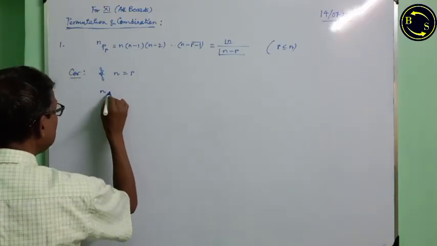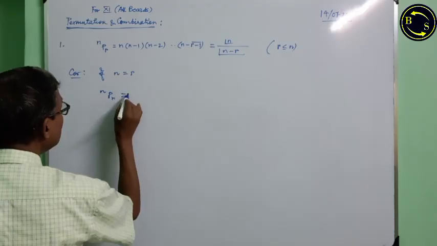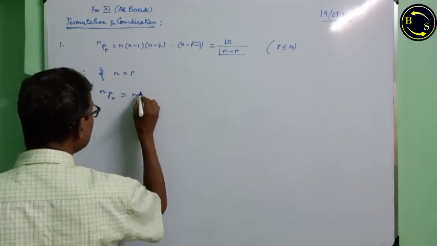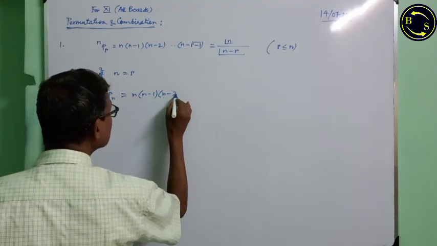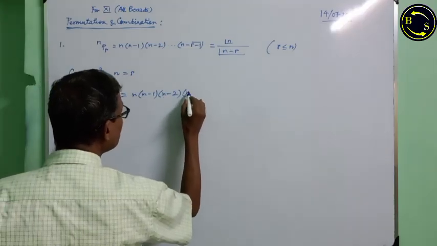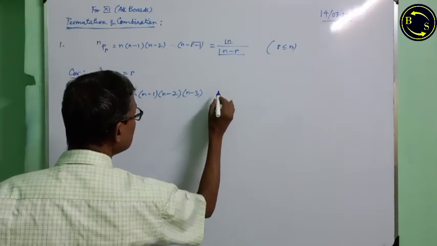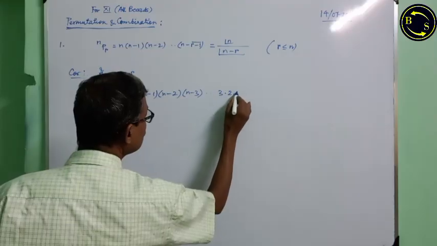First of all, nPn will be equal to n into n minus 1 into n minus 2 into n minus 3, down to 3 into 2 into 1.